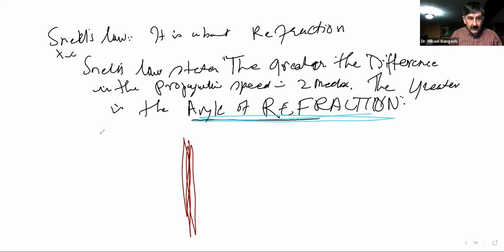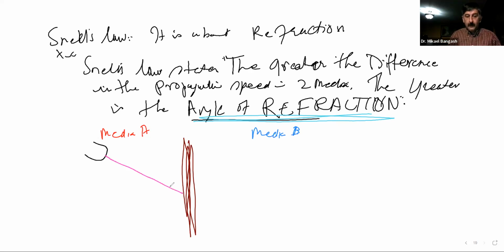We may have media A and media B. In media A is where our incidence will travel, and let's say it hits the boundary at an angle of 45 degrees.